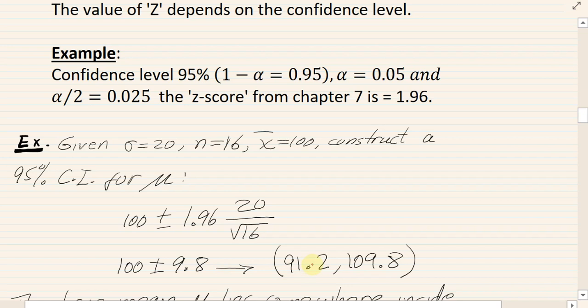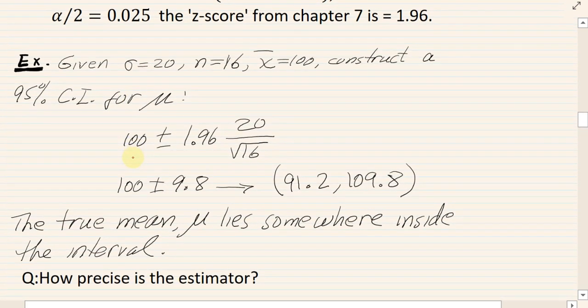So we believe the true mean mu is somewhere from here to here. But remember, there's a 95% confidence, 95% certainty level associated with that. That means 5% of the times this interval is bogus. It doesn't contain the mean, but we will never know that.